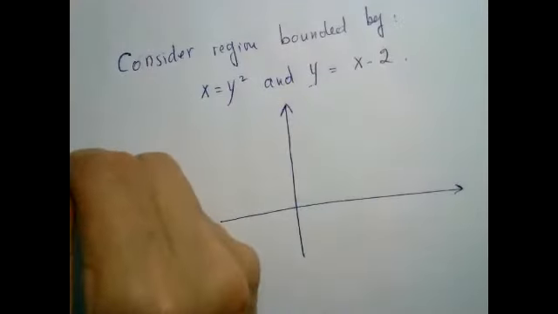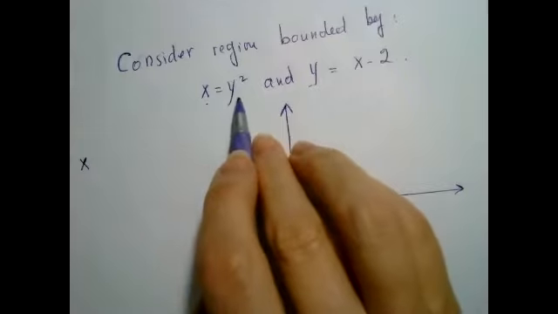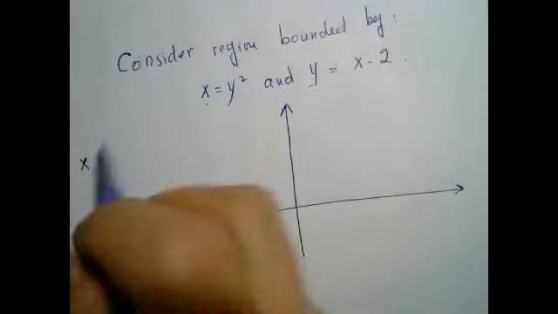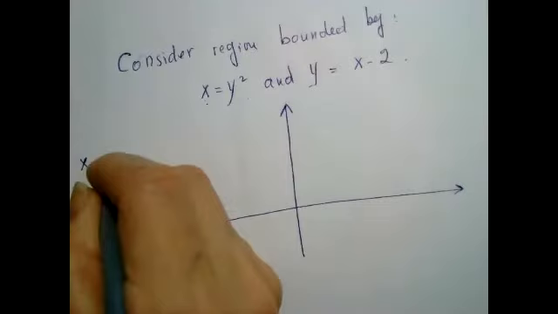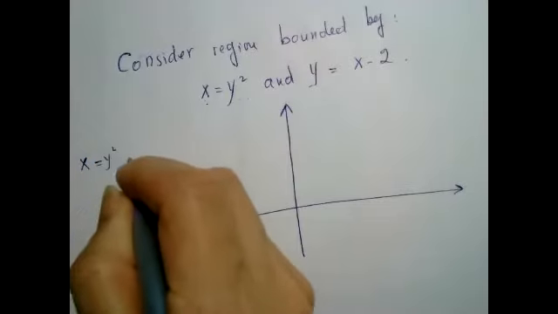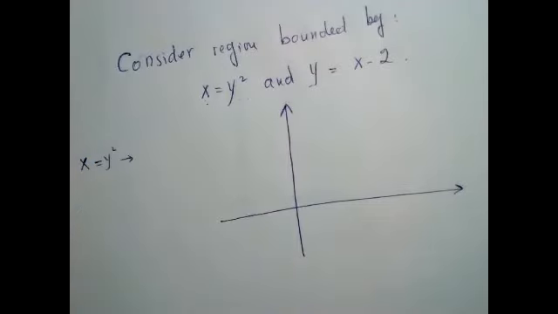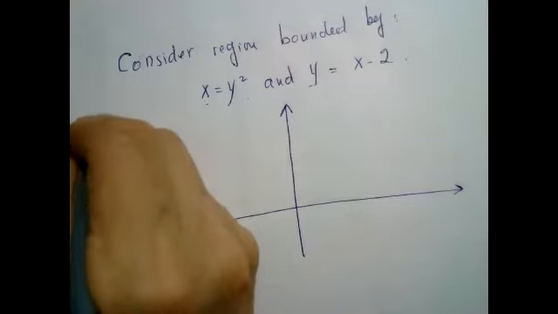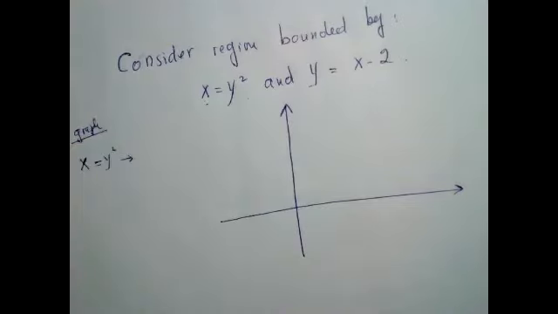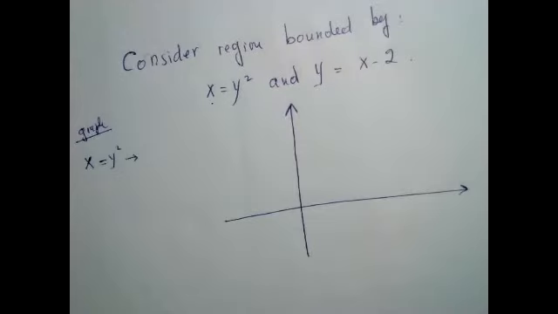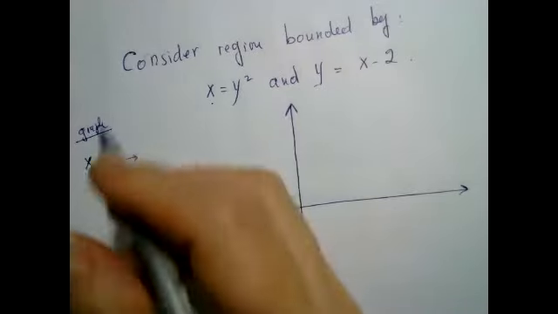x equal y squared. Be very careful here: x a function of y. So how does the graph of x equal y squared look? Do you guys know how it looks? Instead of being y equal x squared, it's x equal y squared.